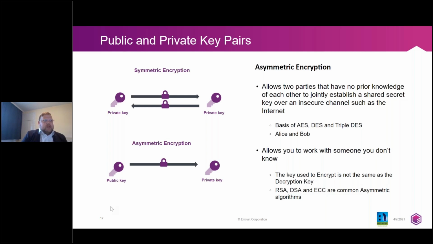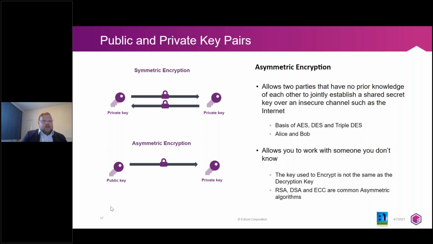Again, it allows parties to communicate securely with other parties that are not known to the individual. As you can see from the diagram at the bottom, there are two different keys. The private key, which must be kept secure, is used for decryption, as well as the public key, which is essentially available to anyone, and the public key is used for encryption.